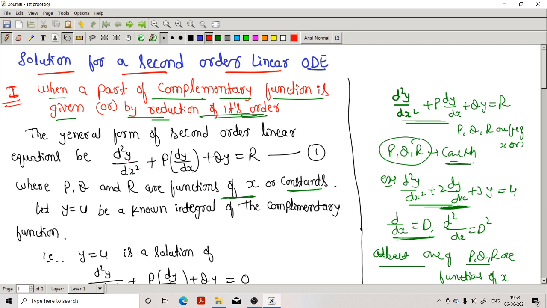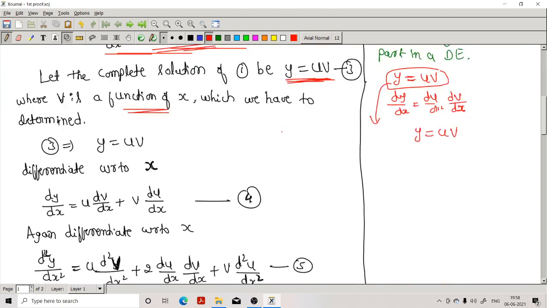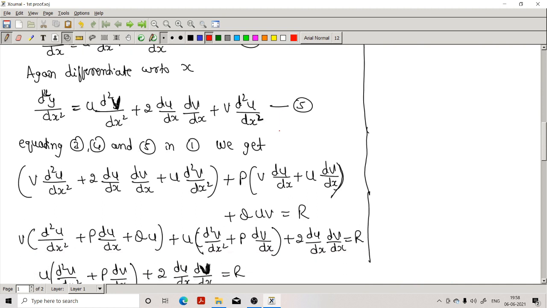You have to substitute for d square y by dx square, dy by dx as well as y, in d square y by dx square plus p into dy by dx plus q of y is equal to r. So d square y by dx square is nothing but this expression.